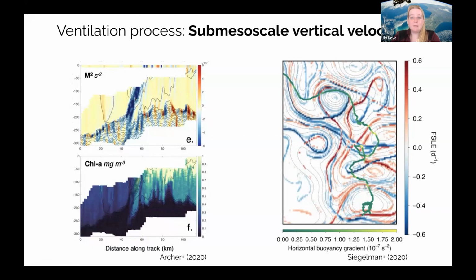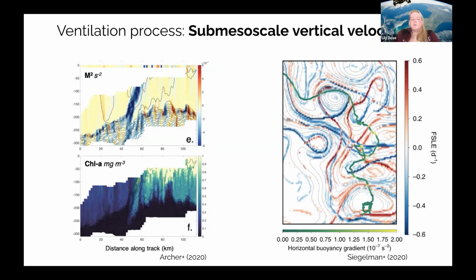And ultimately, because the ocean doesn't like these density surfaces to be facing up and down, it wants them to be flat. Ultimately, when the ocean spins out this lateral buoyancy gradient, that chlorophyll is going to be trapped below the base of the mixed layer. So this is the process that we are attempting to get after.